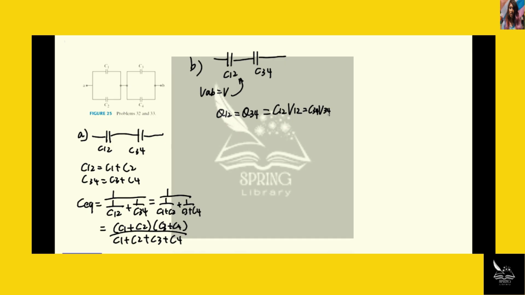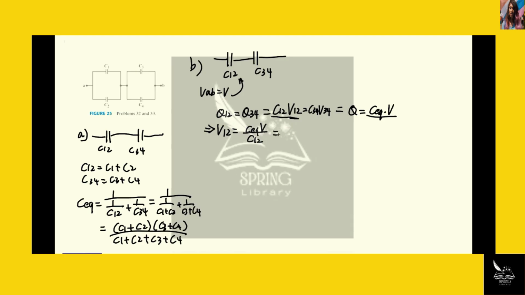And this also equals Q. And Q is C equivalent times V. Okay, so let's first look at these two. This gives us V12 equals C equivalent times V over C12.